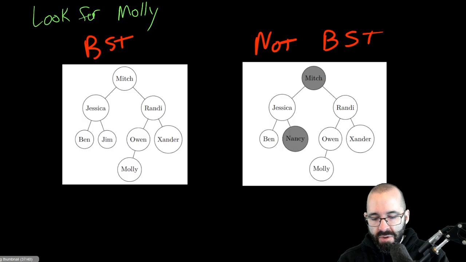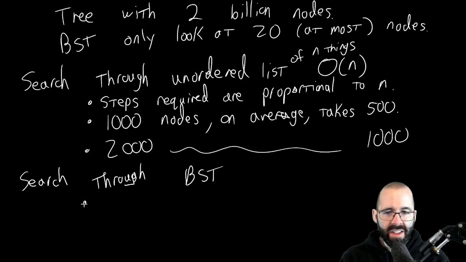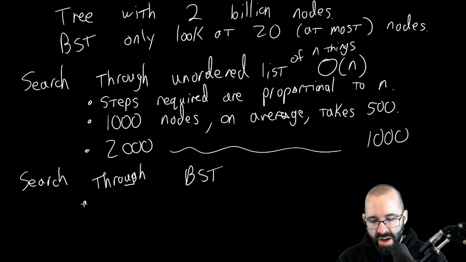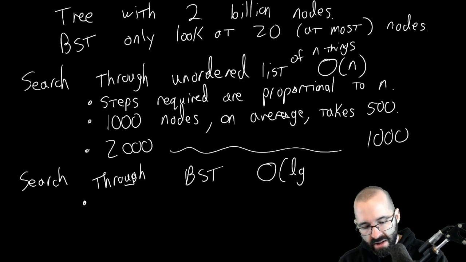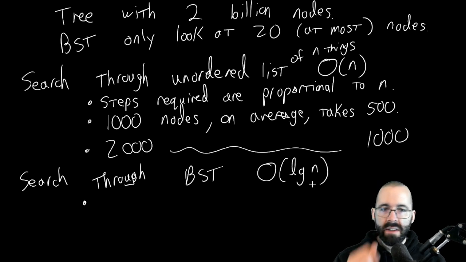The book makes a stronger claim than I think is mathematically true, so I'm just going to include a less than sign. This is called big O of log base 2 of n, way better.